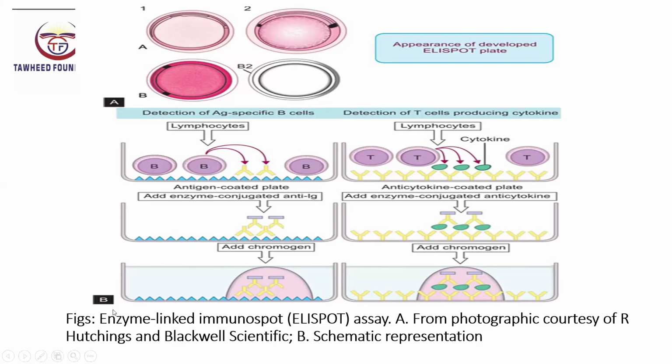In figure B, it shows a schematic of the same principle where anti-cytokine antibodies are coated on the plate to capture cytokines secreted by T cells. Each cytokine producing cell creates a visible colored spot after enzymatic reaction. The number of spots corresponds to the number of active secreting cells, providing a sensitive quantitative measure of immune response. ELISpot is widely used in vaccine research and immune monitoring.